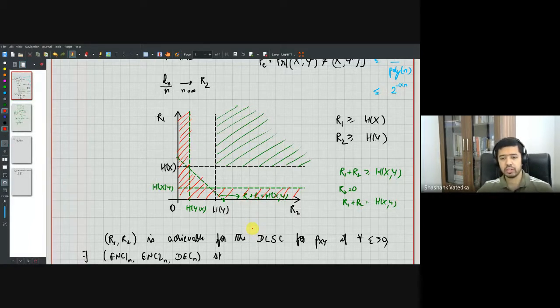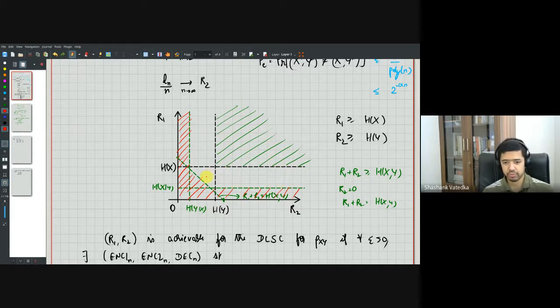So we know that every point in the green region is achievable. That comes just by standard source coding. Any point in the red region is not achievable because that again comes from the converse to the standard source coding problem, but with more powerful encoders and decoders. So clearly the red region is not achievable, the green region is achievable, but there is this empty region in between where we don't know whether this is achievable or not.